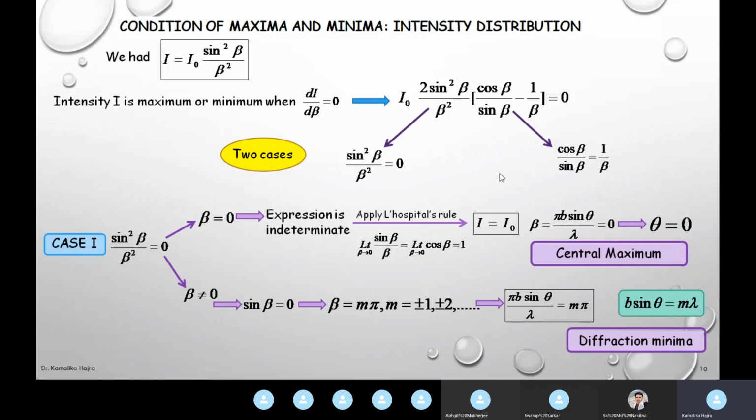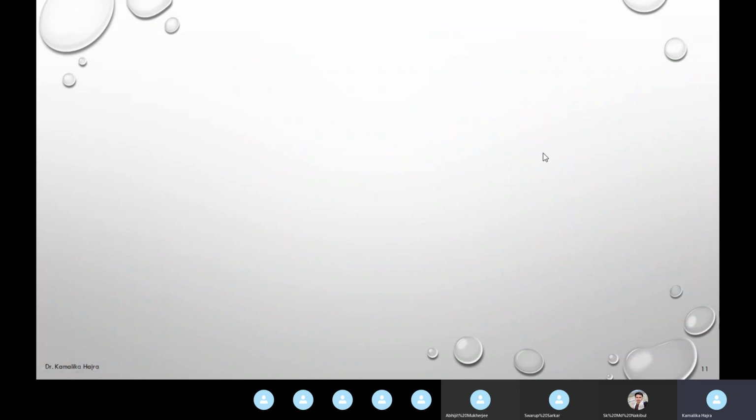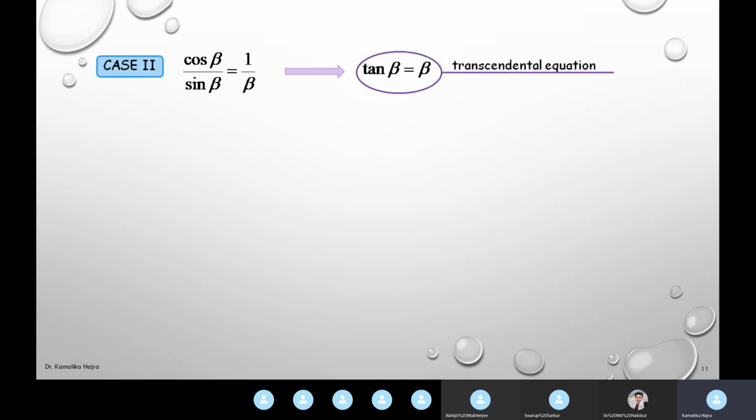First case we have already done. The second case: cos beta by sine beta equal to 1 by beta. So case 2 is cos beta by sine beta equal to 1 by beta, which in turn means tan beta equal to beta. So this is an equation and we need to solve this. Now remember, this kind of an equation is called a transcendental equation.